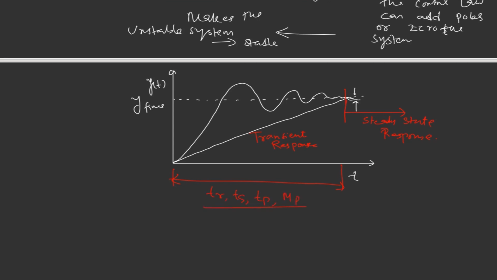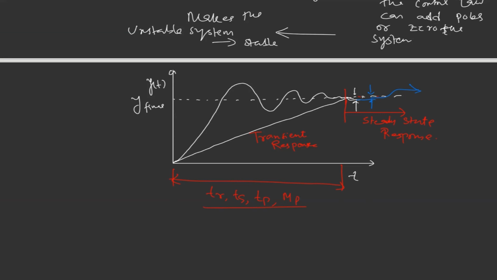Now, what about the steady state part? How can we modify it? Because in steady state, the system can have some error. Practically, there can be some error in the system, so how can we modify this steady state error using some control or any other way, adding some poles and zeros?